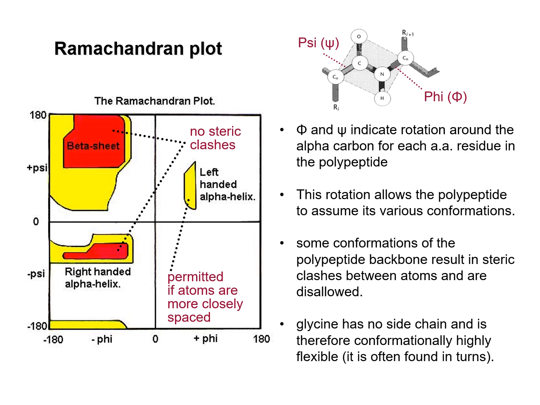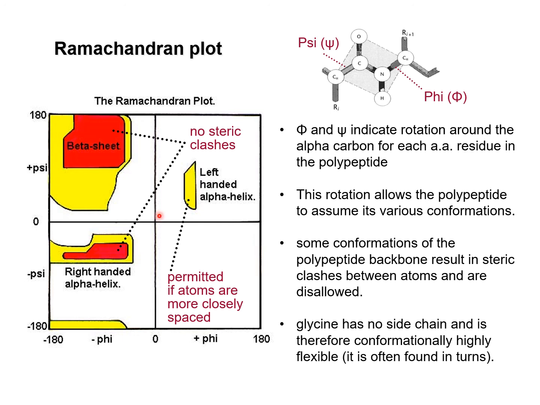This rotation allows the polypeptide to assume various conformations such as beta sheet, alpha helix, as well as just loose loops.